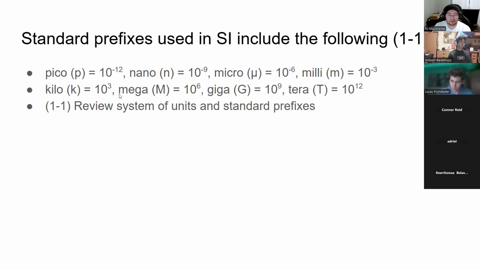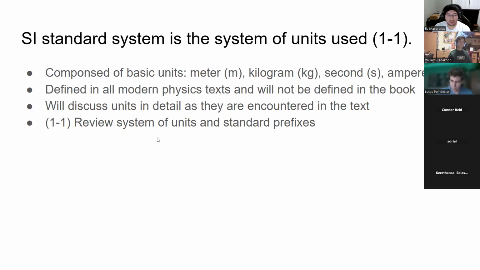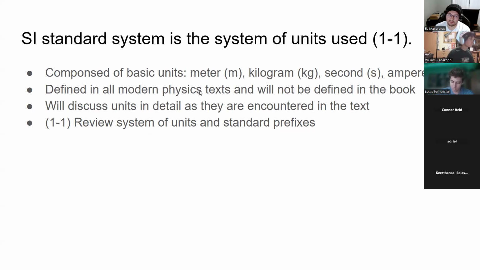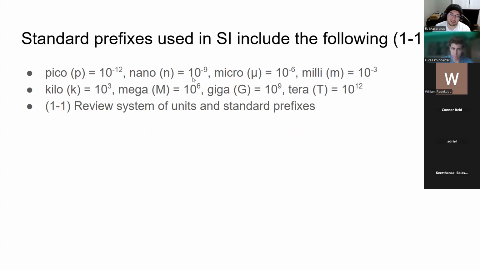So here are some standard prefixes that are used, right? For example, we'll be looking at amps, or amperes, a lot, and these prefixes will come right before any of your units. One thing you might see a lot also is seconds, like milliseconds, microseconds, and so on.